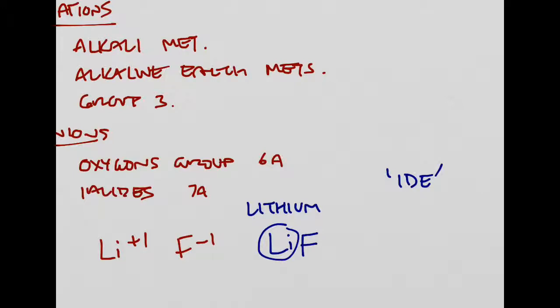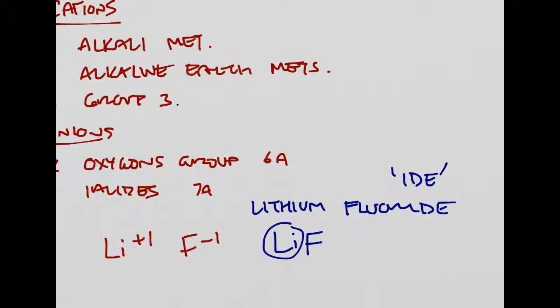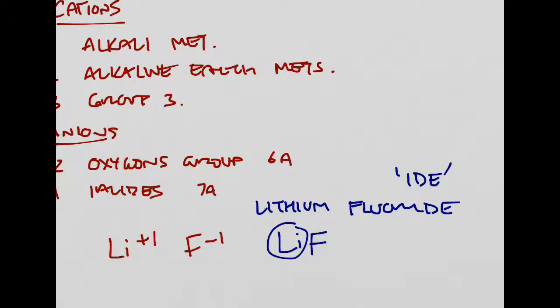So instead of calling it lithium fluorine, I call it lithium fluoride. It's as simple as that. For the anion, you knock off the end of it and put on -ide, and the metal, the lithium, stays the same. That's what happens if one is a +1 and one is a -1.